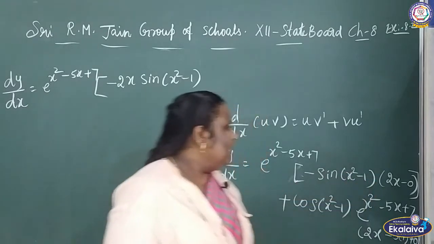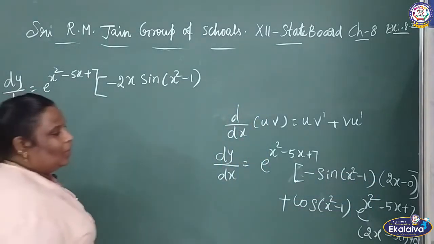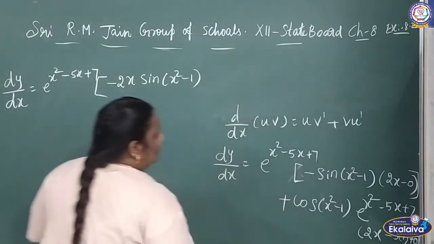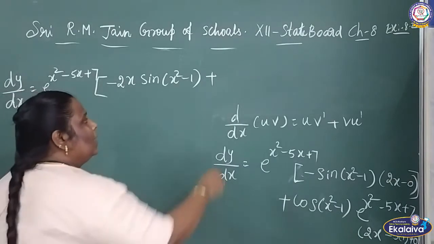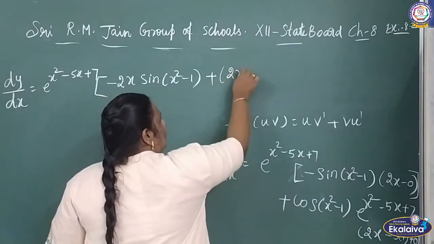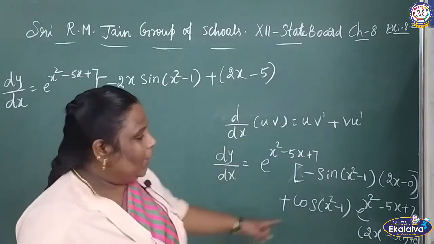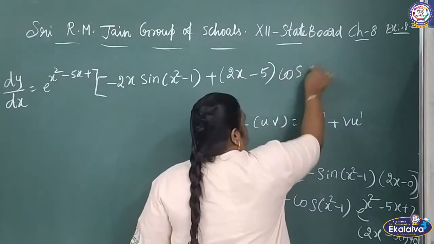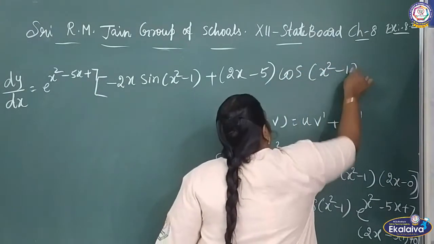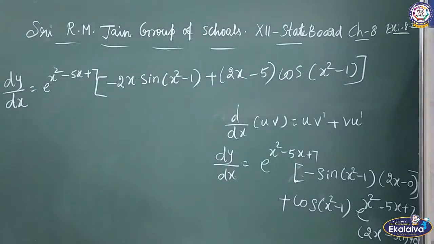What is the remaining part here? Plus (2x minus 5) into cos of (x square minus 1).